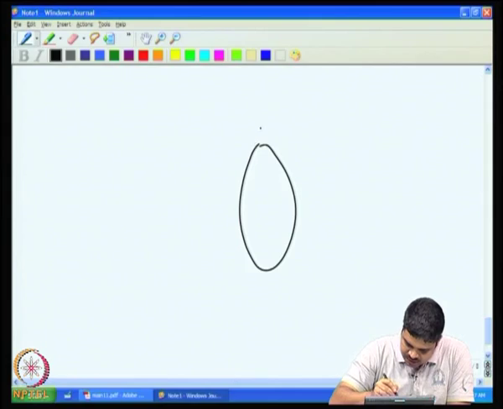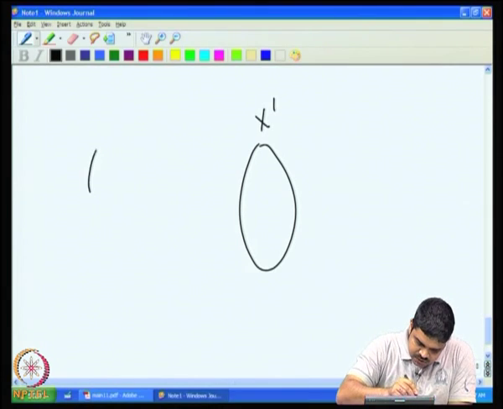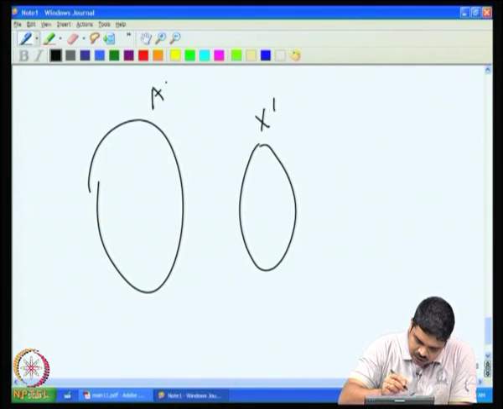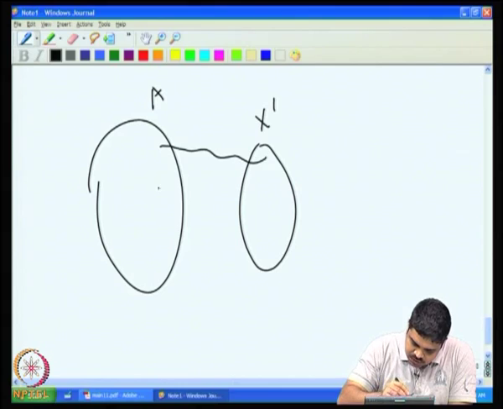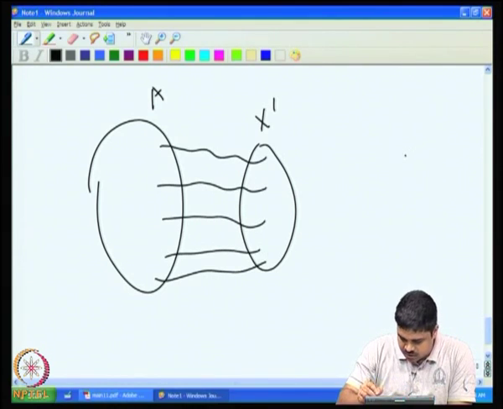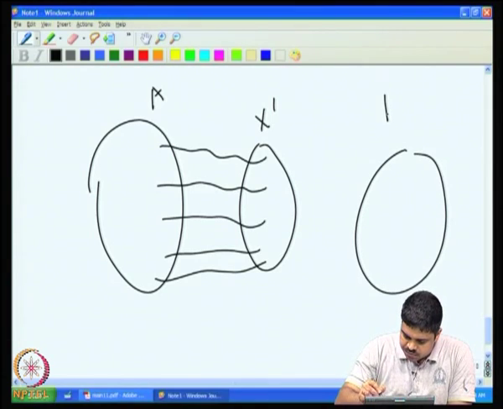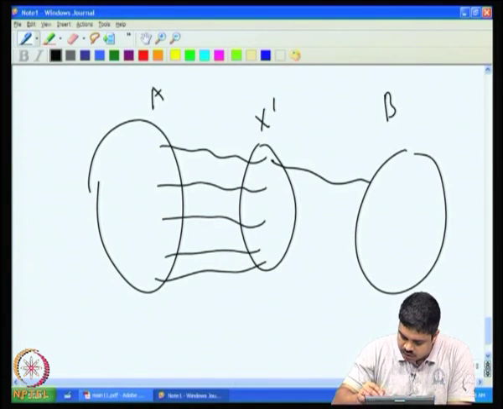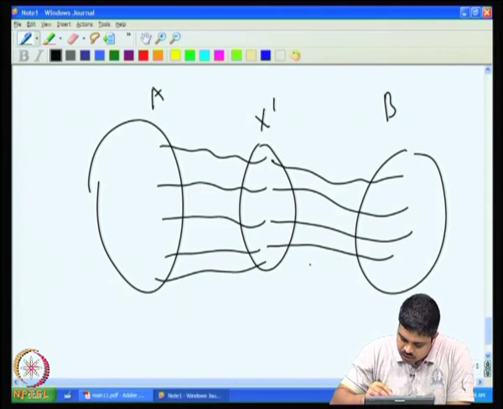This is x dash, this is A. We will get some paths like this, k of them. Similarly here, this is B, and here we will get k disjoint paths.